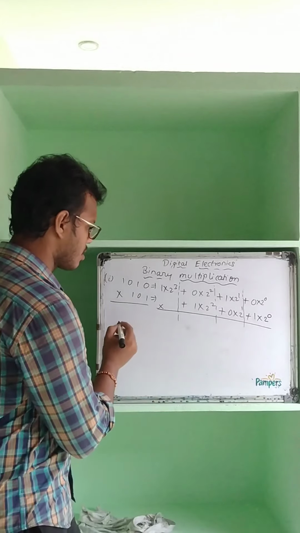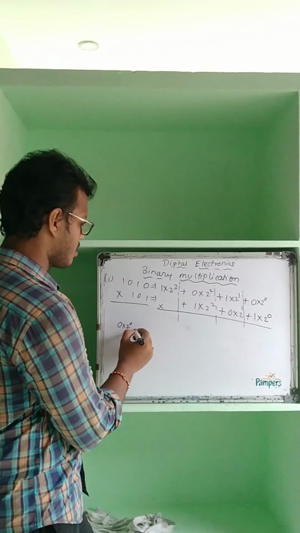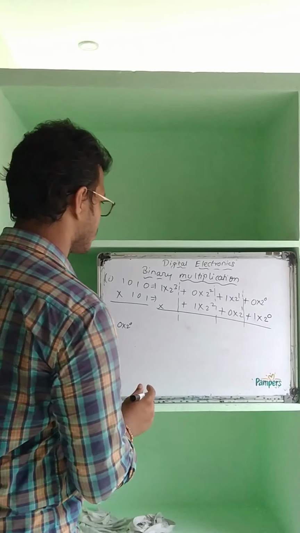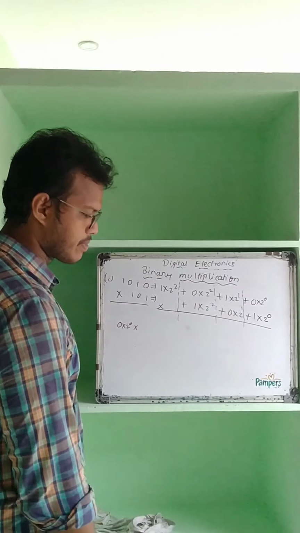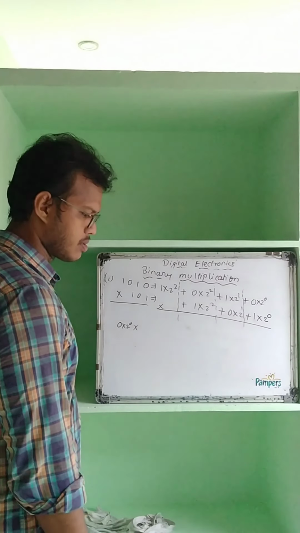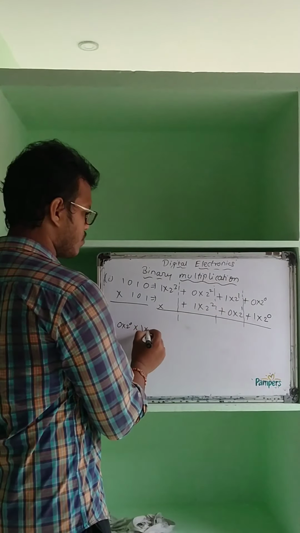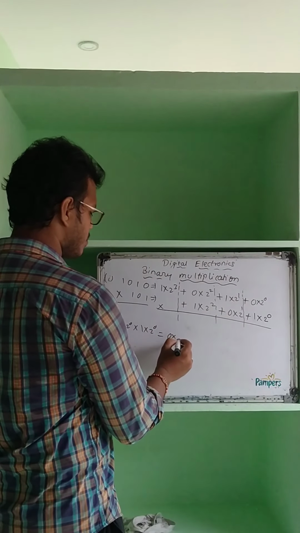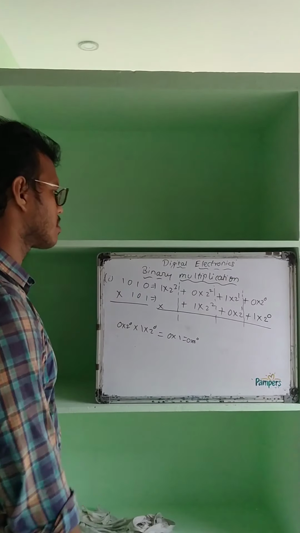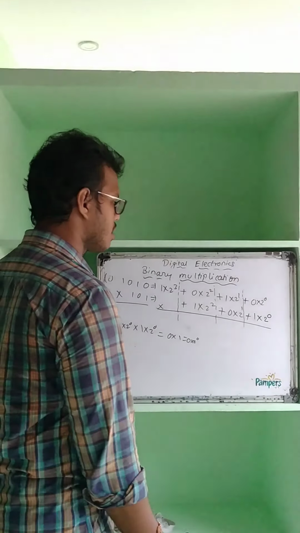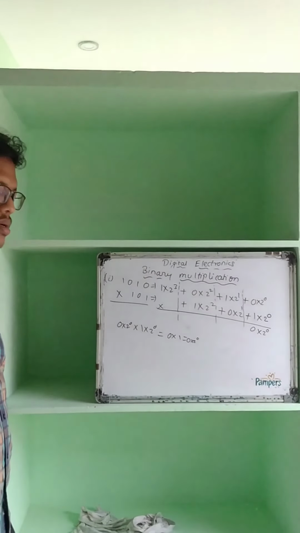First of all, 0 into 2 power of 0, which is multiplied by 1 into 2 power of 0, which is equal to 0 into 1, which is equal to 0, so we get 0 into 2 power of 0.